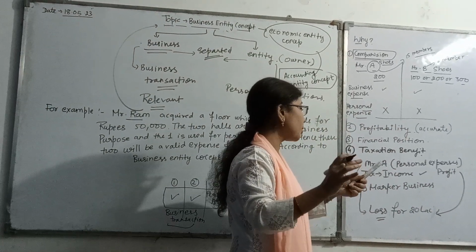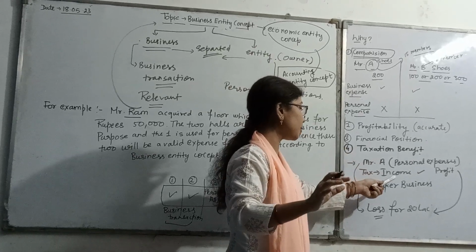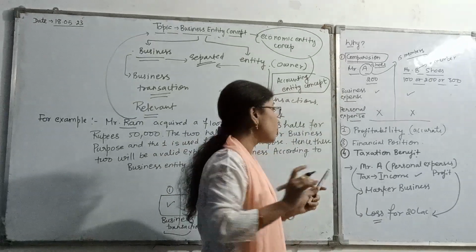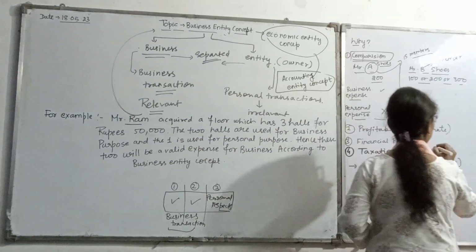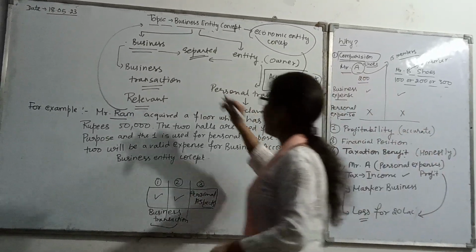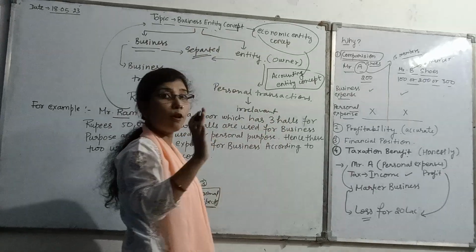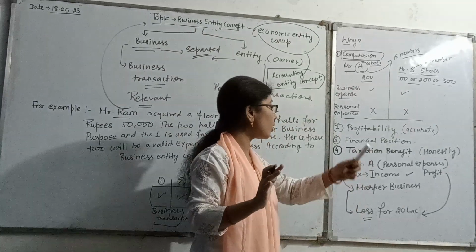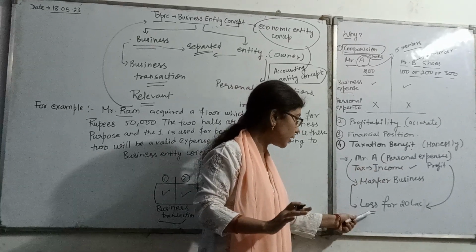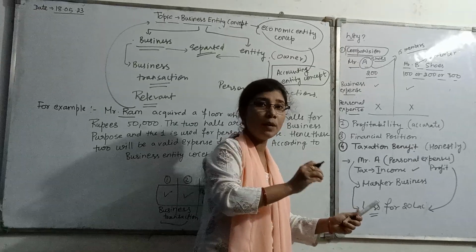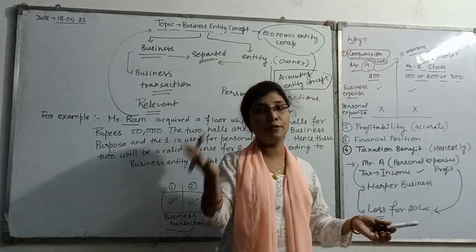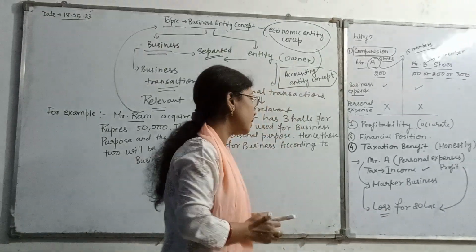Mr. A says, I am not filing income tax because I had a loss of 20 lakh in that business. No. So the taxation benefit is applied honestly when the business is separated from its owner. The personal expenses borne by A are not considered as a loss for the business, and the loss of one company cannot be offset with the benefit of another company.